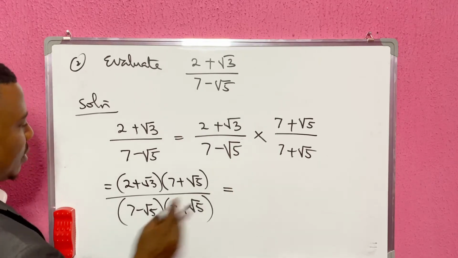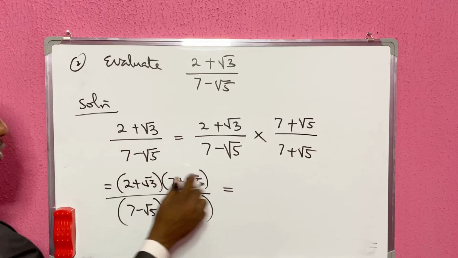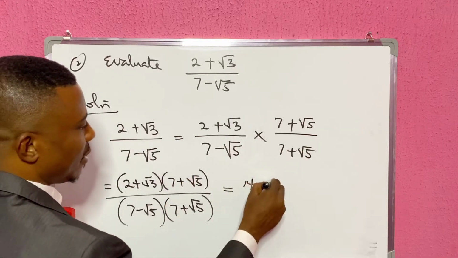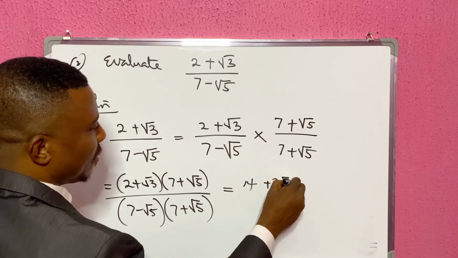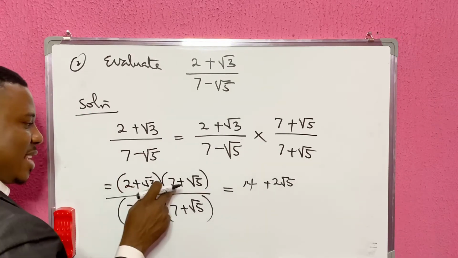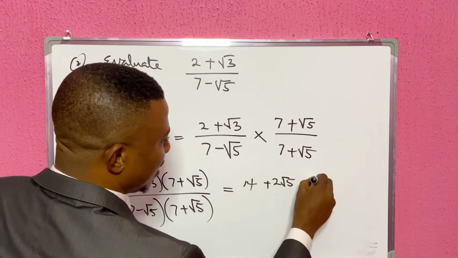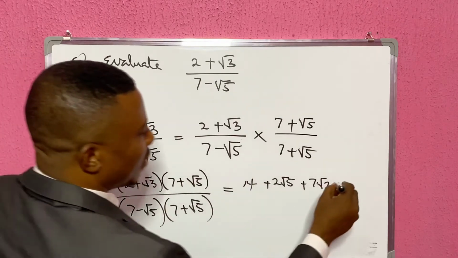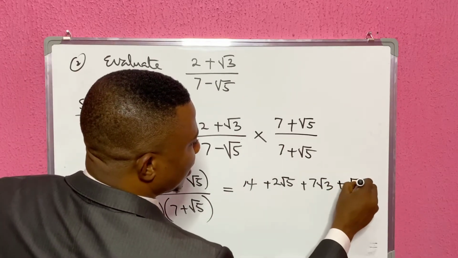This will give us 2 times 7, 14. 2 times root 5, plus 2 root 5. Again, root 3 times 7, 7 root 3. Root 3 times root 5, root 15.